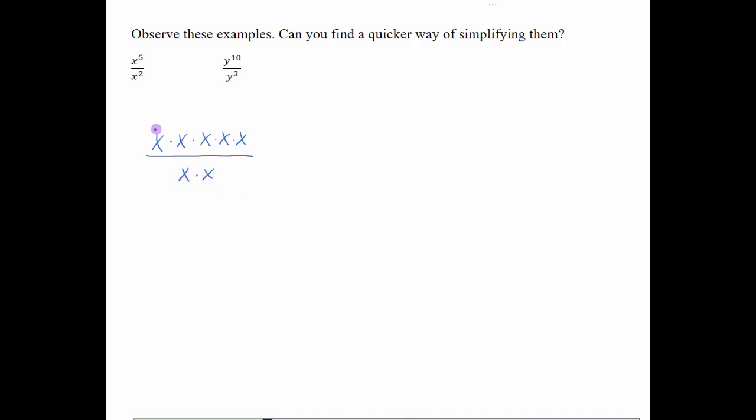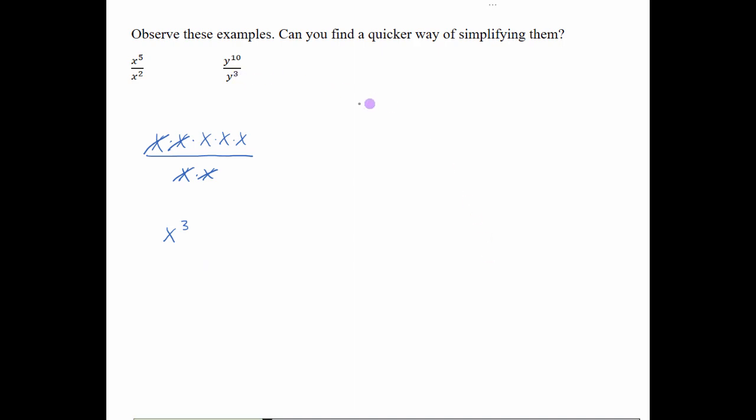Now, you remember when we have something on top and the same thing on the bottom, that they end up canceling as 1. So x divided by x is 1. X divided by x is 1. We're removing a factor of 1. And we're left with x cubed on the top over 1 on the bottom. So x cubed is our simplified answer.